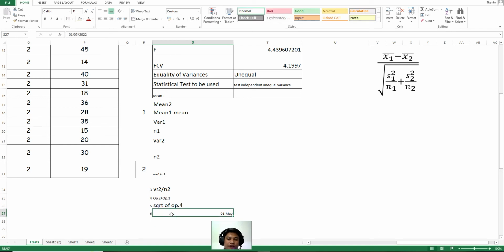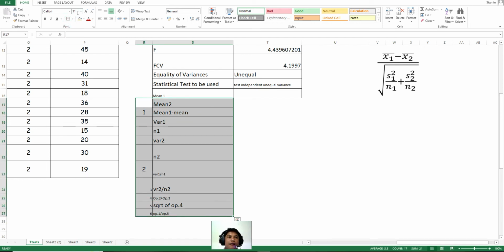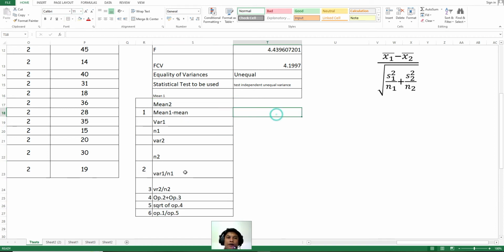So that's operation 1 divided by operation 5. That's our sixth. So these things are important. We have to consider this because these are the bases for our computation. Now, let's go to the data based on our example.